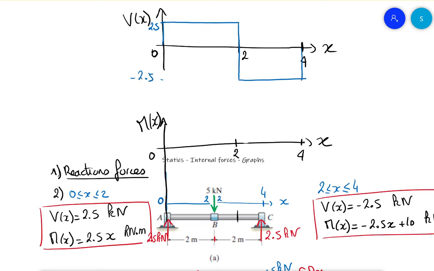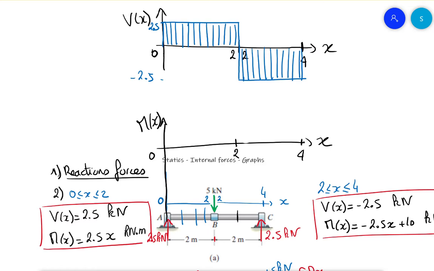So what we see on this shearing force, it means that everywhere from 0 to 2, the shearing force is 2.5. So you can solve at any point, okay? Any point there, you will always find a shearing force of 2.5. And between 2 and 4, you will always find a shearing force of minus 2.5.